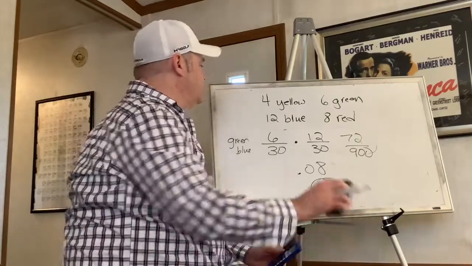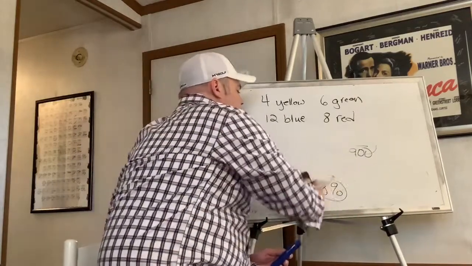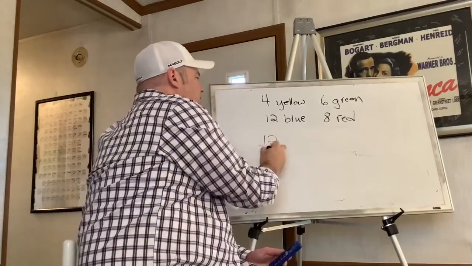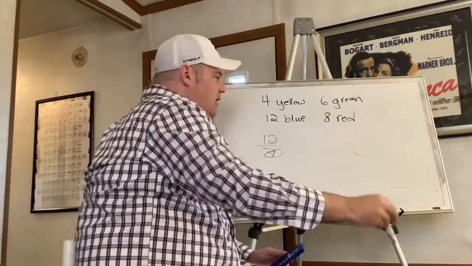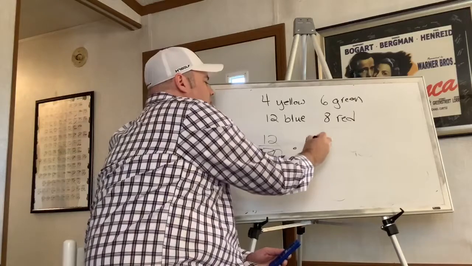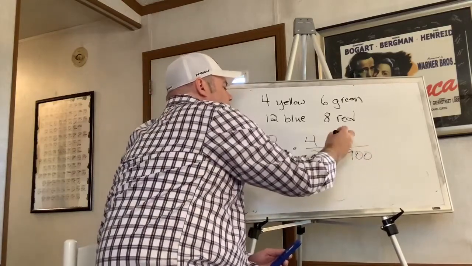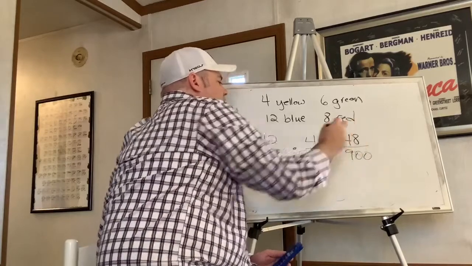Let's do another one of those. Let's say I draw a blue, 12 out of 30, and I put it back in and I want to draw a yellow. So 4 out of 30. Okay, so this is going to be 48 over 900.